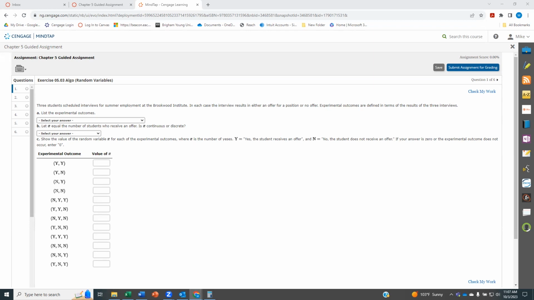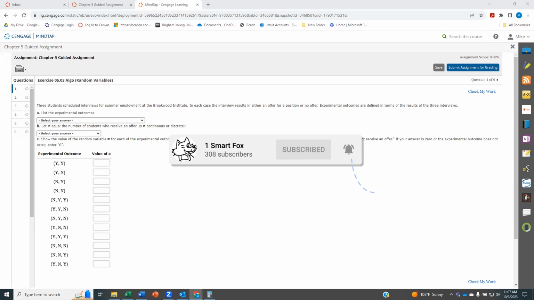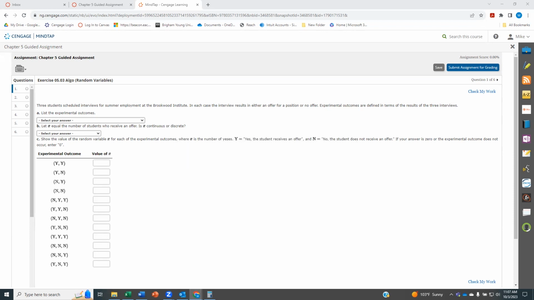I'm just going to walk through these, so hopefully they will make sense, and you can learn the concepts from the chapter. So let's take a look at the first question. It says 3 students scheduled interviews for summer employment at the Brookwood Institute. In each case, the interview results in either an offer for a position or no offer.